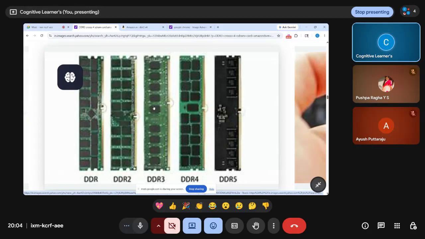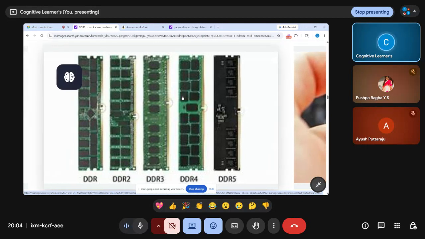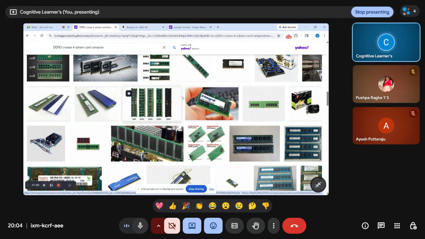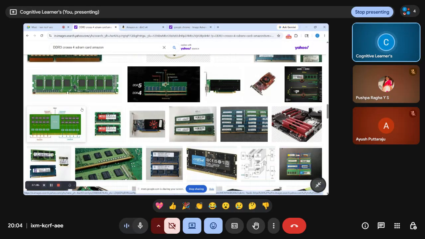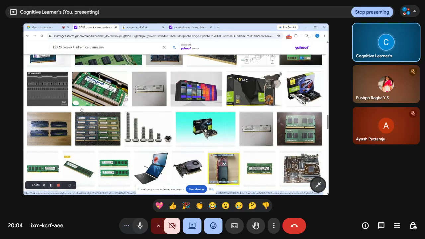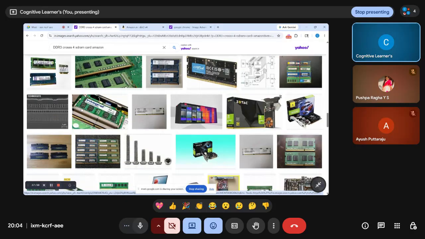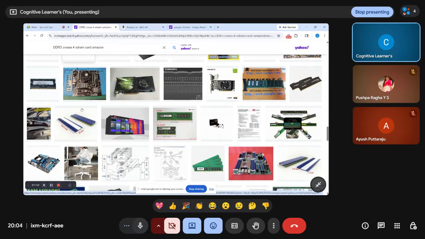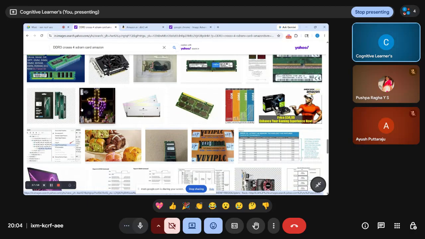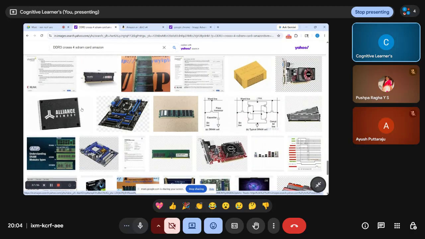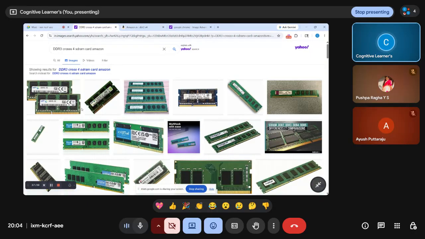That is ECC, that is cross 8. That is cross 4, again cross 4. Cross 16: in cross 16, only 4 chips are available on the DRAM card. Same way, we can easily identify either cross 4 or cross 16 or cross 8.